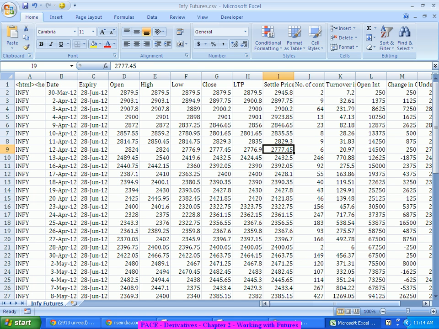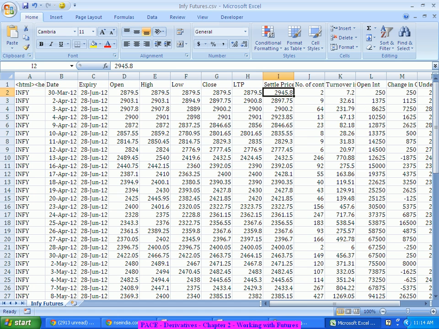At the max, I have to place a reverse transaction, right? I can offset the transaction, and based on that offsetting, I'll be guaranteed of a profit or a loss. On 28th June, I'm guaranteed of some profit or a loss depending on how much I have entered into the contract.